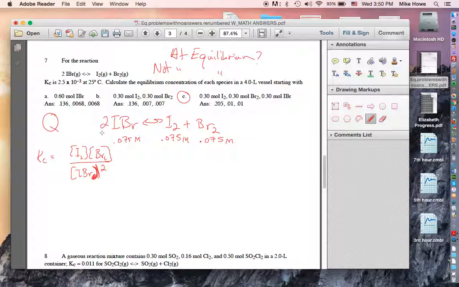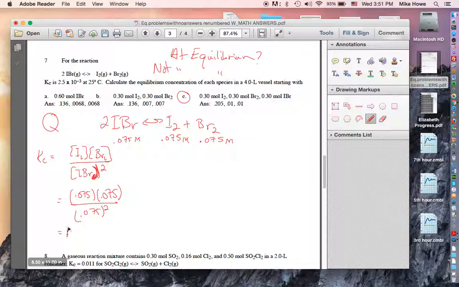That becomes an exponent. So then you plug your numbers in, 0.075 on top. On the bottom, 0.075 squared. So do you notice that this times this divided by this squared is equal to 1?